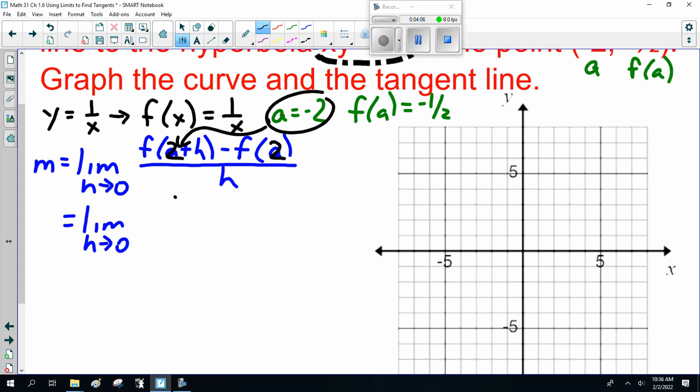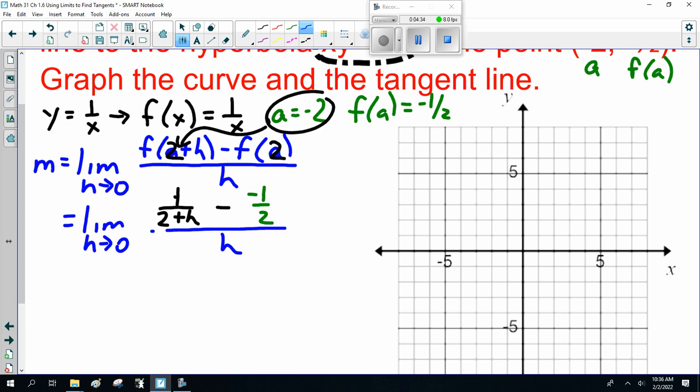Now, plugging those numbers in, f of x is 1 over x, so f of minus 2 plus h is 1 over minus 2 plus h, minus f of minus 2, which is minus 1/2. All of that is divided by h. So far, so good?